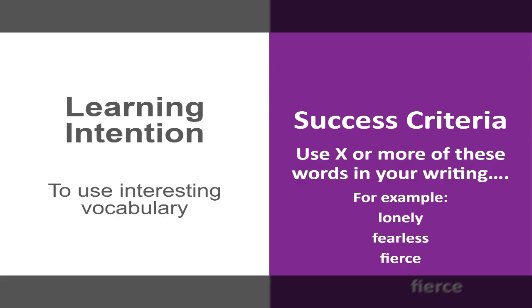Obviously, the pupils need to know the meaning and how to use the words before they can write them. So some of your modelled input would need to align to these success criteria. The amount of sentences again depends on the age and the stage of your pupils.